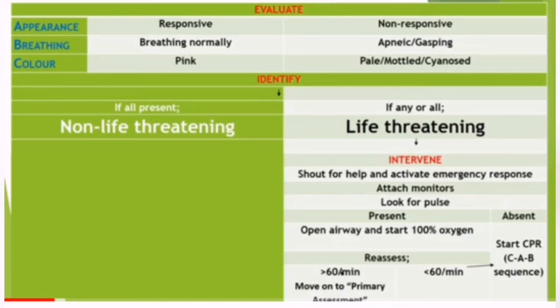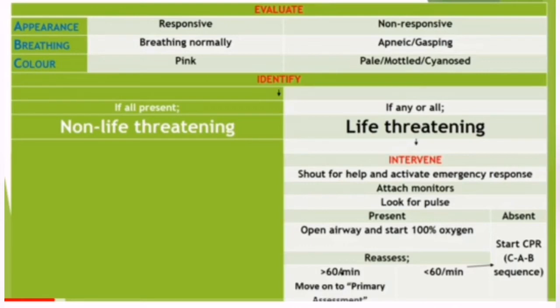After this, if you identify the patient has shock, you have to intervene directly. Whenever you find a problem, you have to make an intervention to correct this medical problem. What do you have to give? You have to give crystalloid, normal saline or ringer lactate, 20 ml per kg, up to 3 times, each in 10 to 20 minutes.